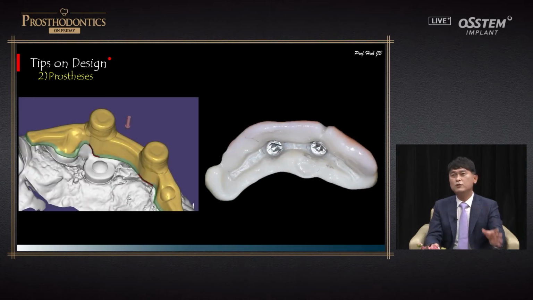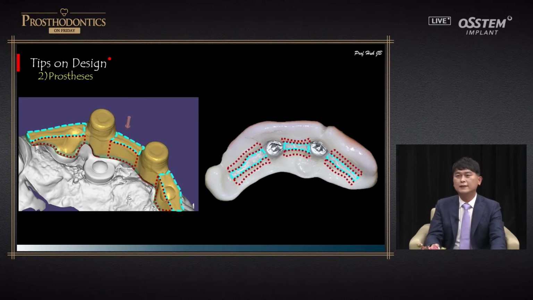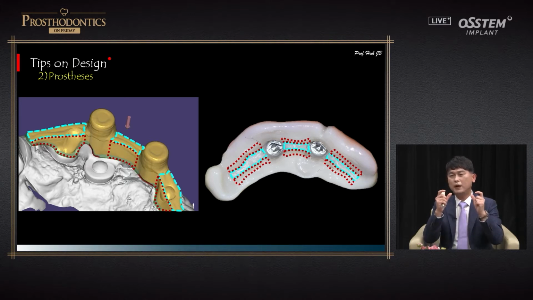I'll show you a case later. Only bars provide vertical support, and the attachment resists the falling out, so they should be separate. And stability is provided by the walls of a bar, so unless the patient pulls it out, it remains there.